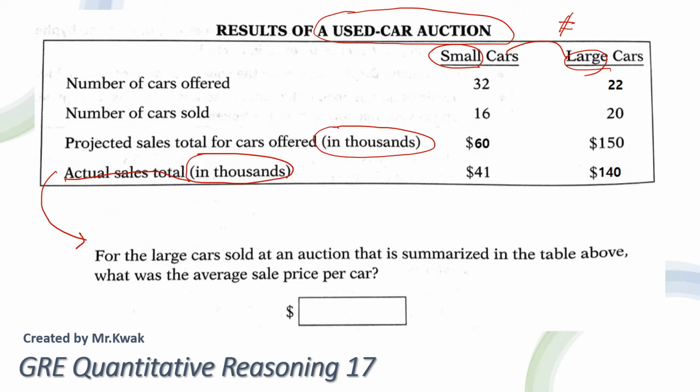For the large cars sold at an auction that is summarized in the table above, what was the average sale price per car? So what is the question asking us to recognize? Average.